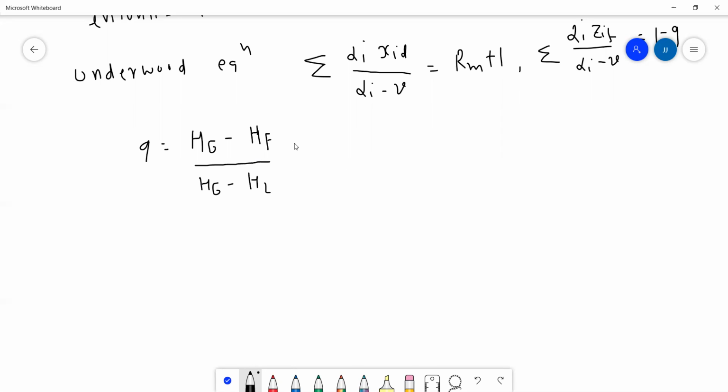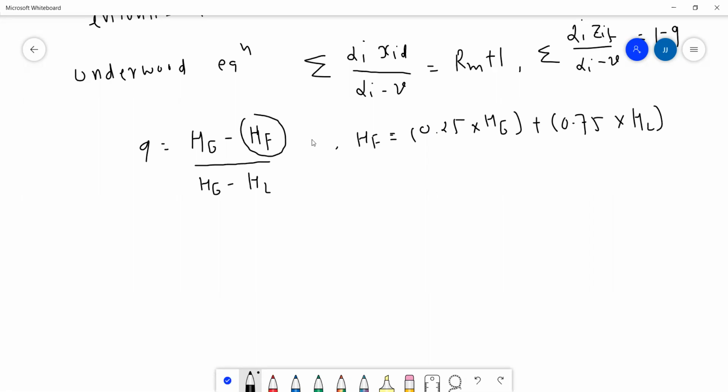So here Hf, the enthalpy of feed, contains 25% vapor, so we will have 0.25 multiplied by Hg, the enthalpy of vapor, plus 0.75 multiplied by HL, the enthalpy of liquid. We can substitute this instead of Hf.